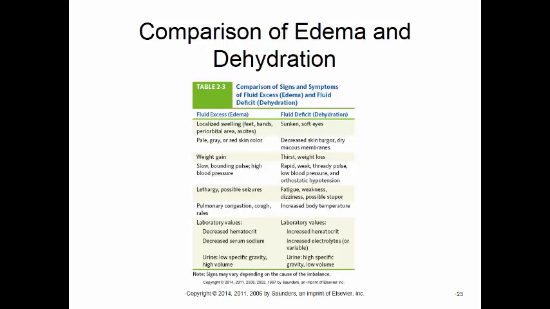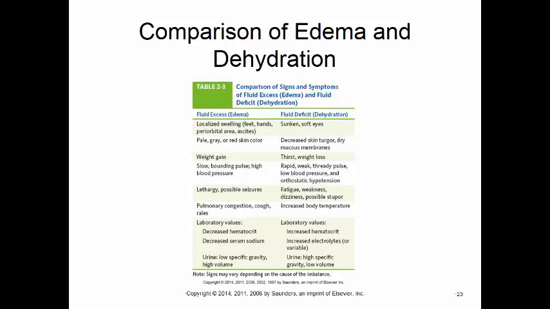So here we can see a comparison of edema and dehydration. What we see is fluid excess with edema, and dehydration is a fluid deficit. Some of the key differences are the swelling of the skin, weight gain, and the blood pressure increases with edema, where it would decrease in dehydration.